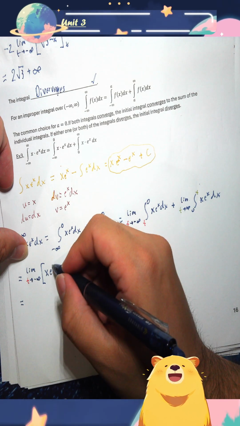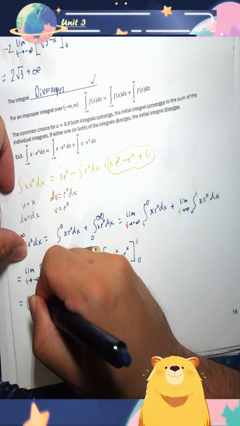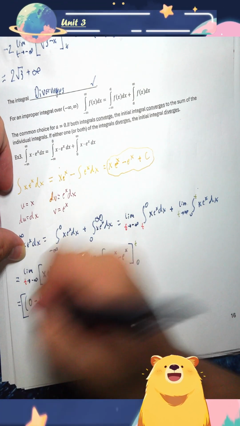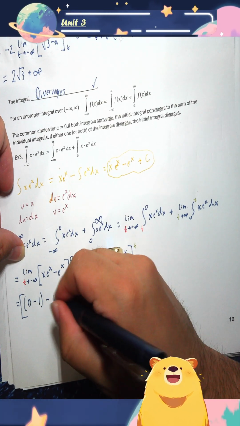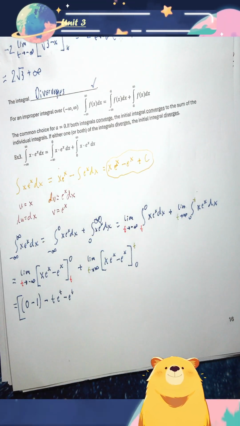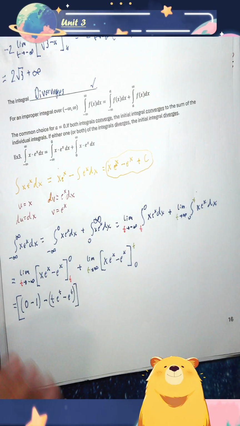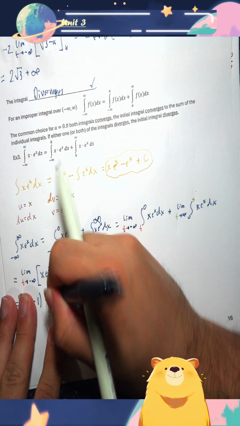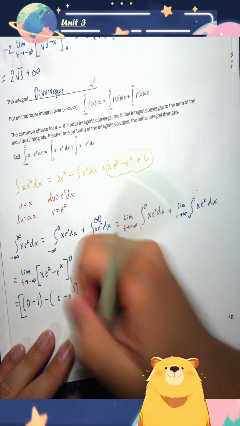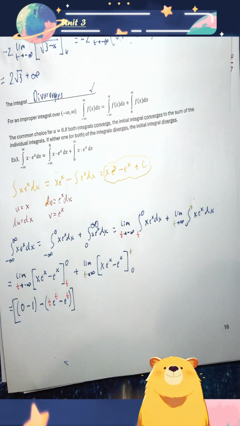We get 0 on this first guy, and then we get here 0 minus e to the 0, which is just 1, and then minus, I'm going to do full brackets over here, minus t e to the t minus e to the t. That's going to be all of this.